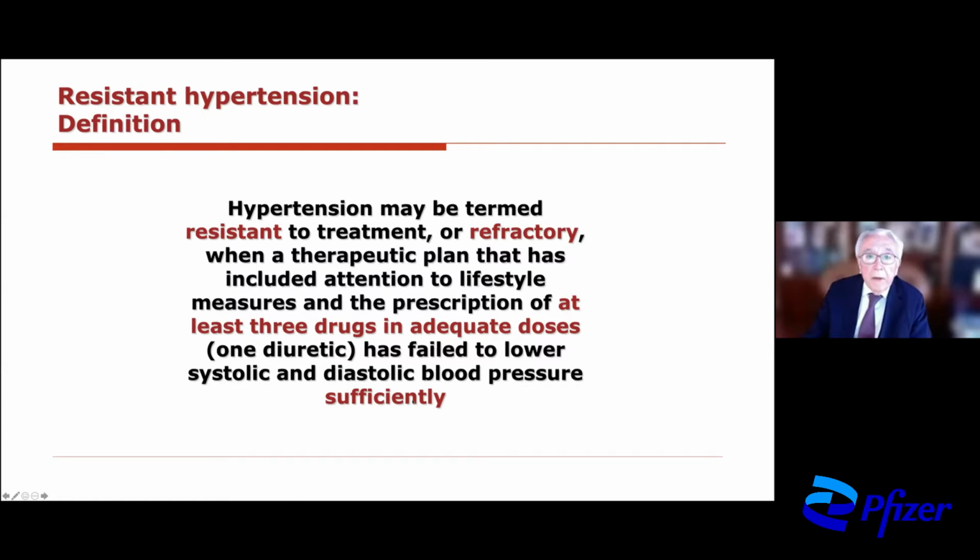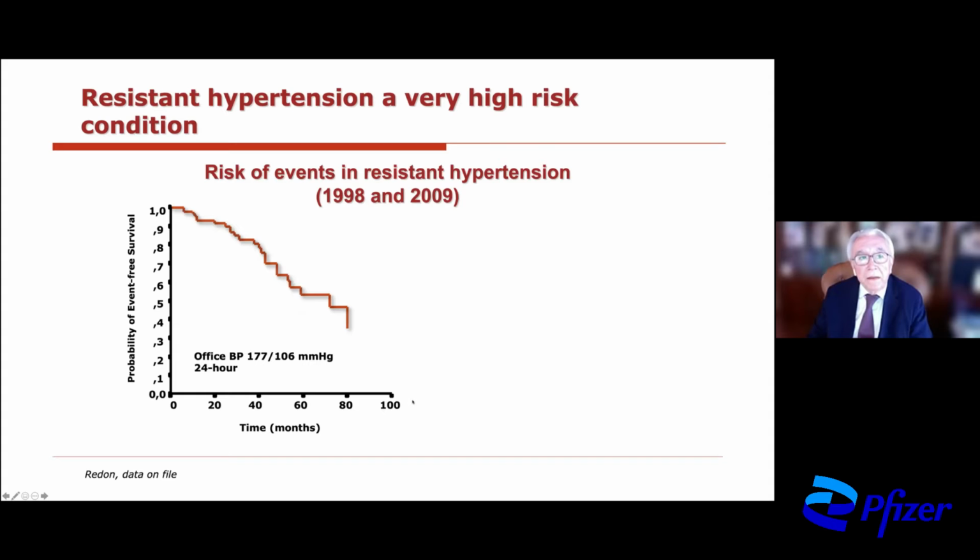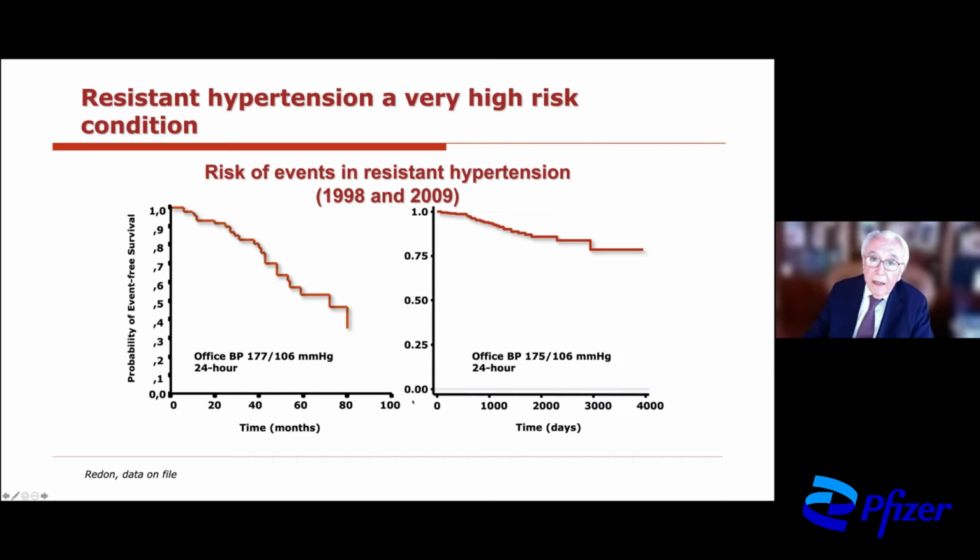It is clear and very well known for many years that resistant hypertension is a very high-risk condition. This is data from our series in the 90s, in patients with refractory hypertension, showing the probability of event-free survival. In the first decade of the next century, in our clinic, we have better results.